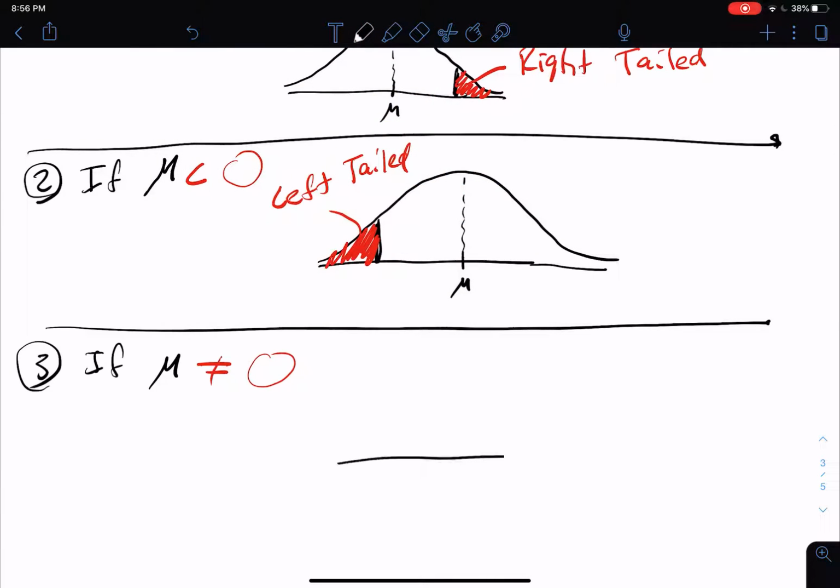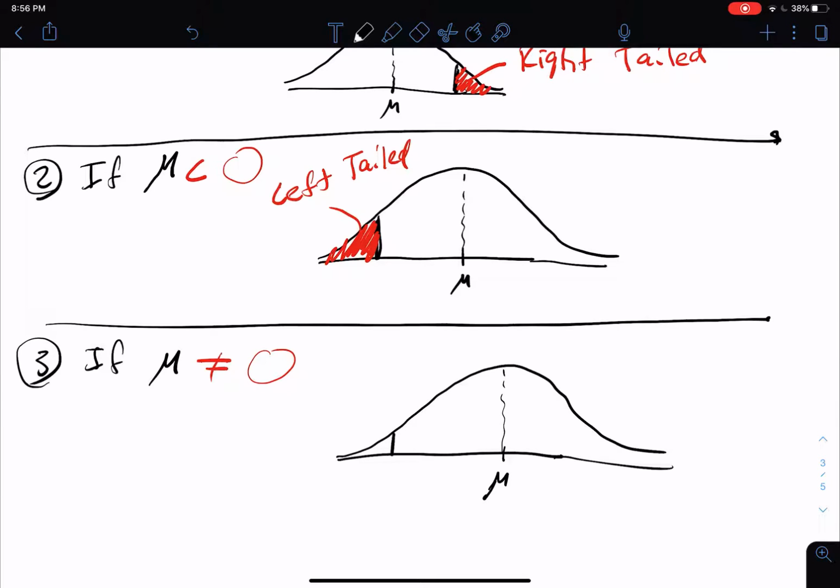Well, that looks something like this, where we've got the mu, right? And it's not equal to it. So that means it could be less than or greater than. So we have to test both sides. We have to test it down below, and we have to test the right side, because it could be less than or it could be greater than. And so that's why there's a tail here and a tail here. It's called two-tailed.